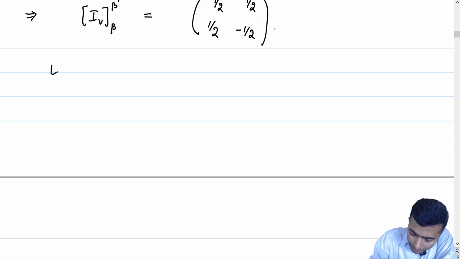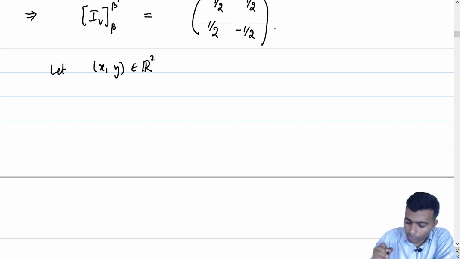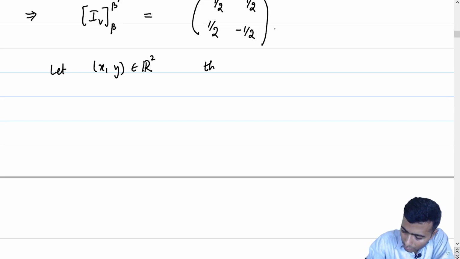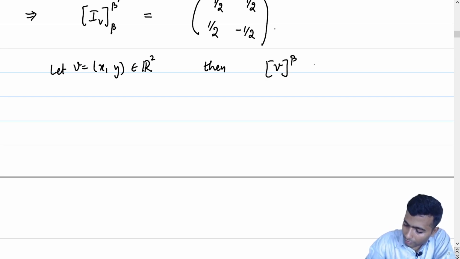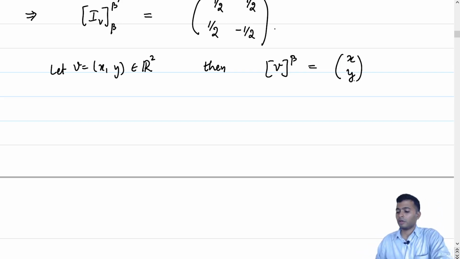So let (x, y) be some vector in R2. Then there is no confusion on what v beta is: by the very definition, v beta is (x, y). This is after all x times e1 plus y times e2.